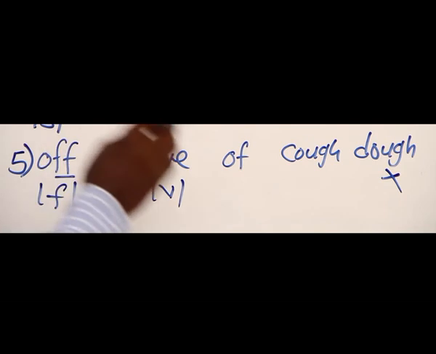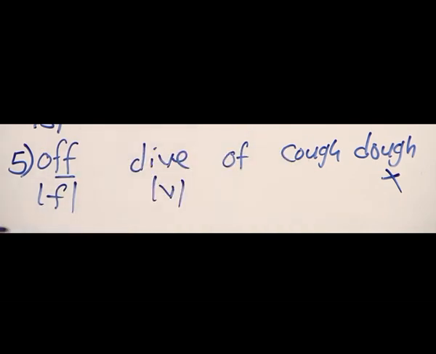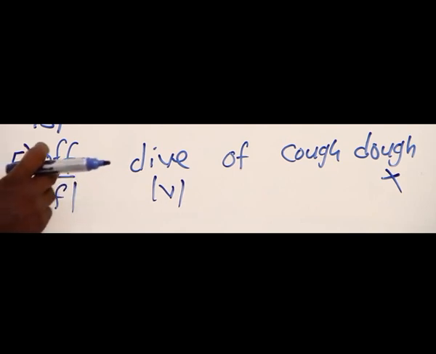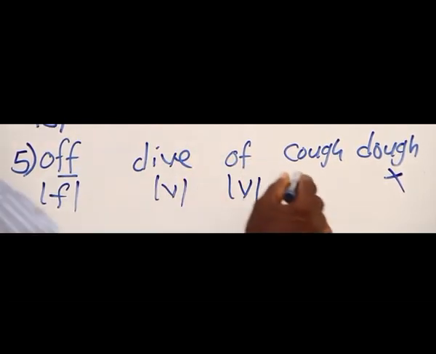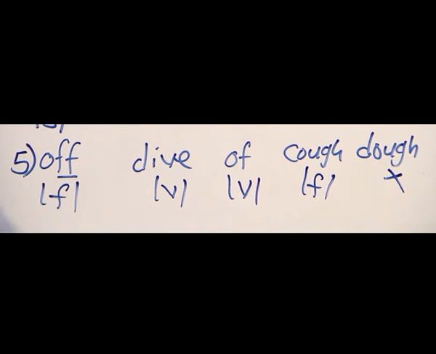However, the consonant we have in option B is different from the consonant we have in the given word. So while the given word is pronounced off, option B is pronounced ov, meaning that it has a voiced counterpart of the consonant in the given word. So our answer therefore is option C, cough. It has the sound. So we pick option C as our answer for question number 5.